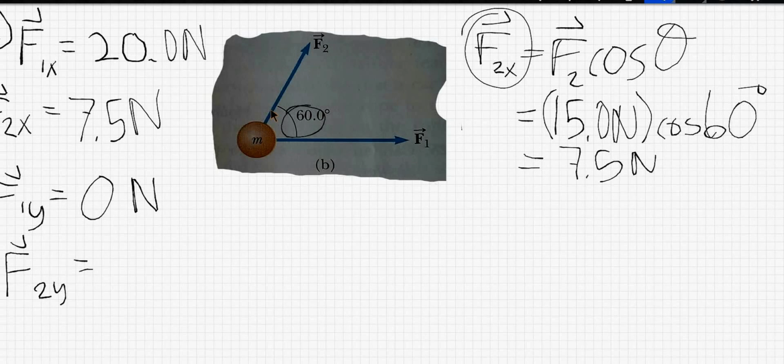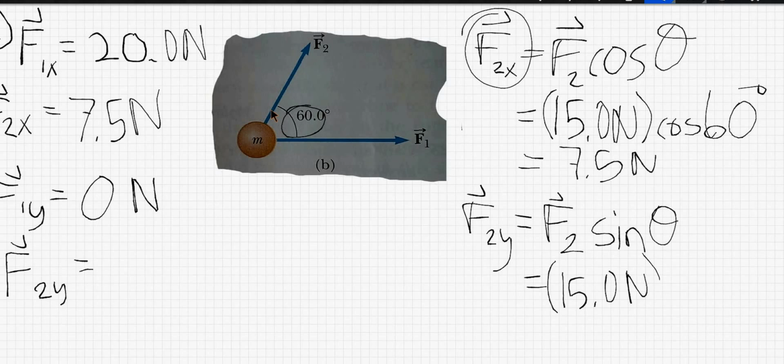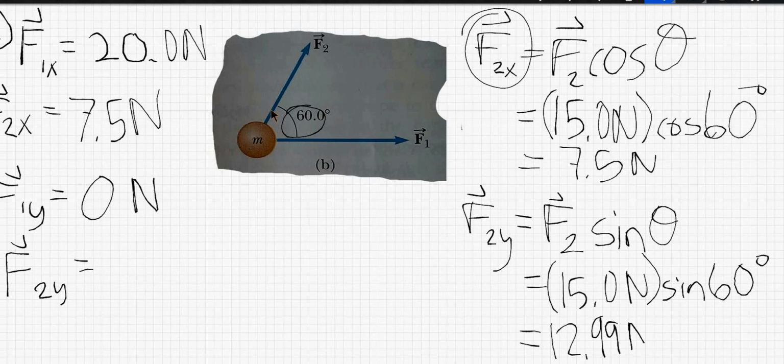And then the y component of force 2 is equal to the magnitude of force 2 times sine theta, with force 2 equal to 15 newtons and theta equal to 60 degrees. We find that force 2y is equal to 12.99 newtons.